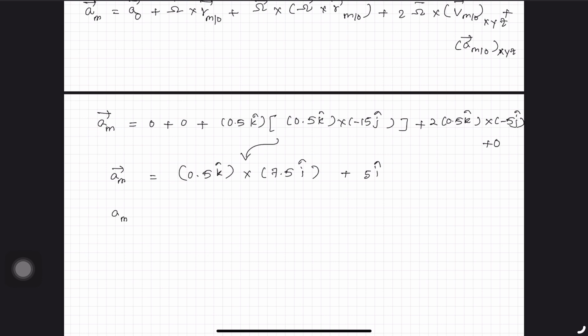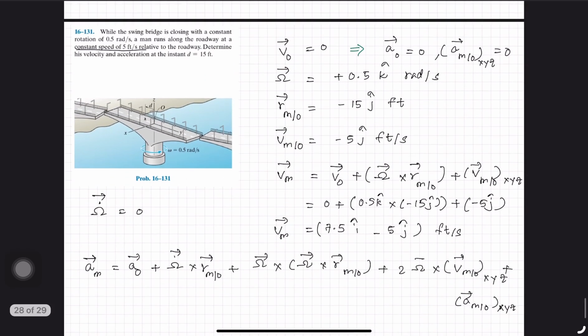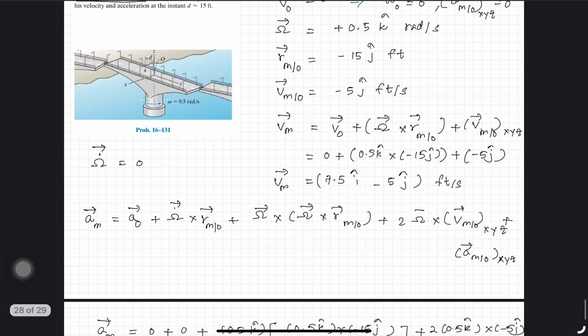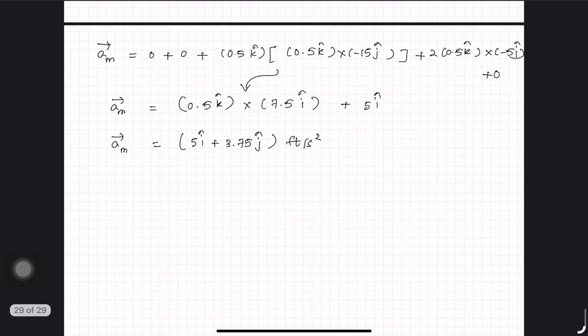So the vector value of the acceleration of this man is 5 i cap plus 3.75 j cap feet per second squared. I think that this problem is pretty simple. Thank you so much.